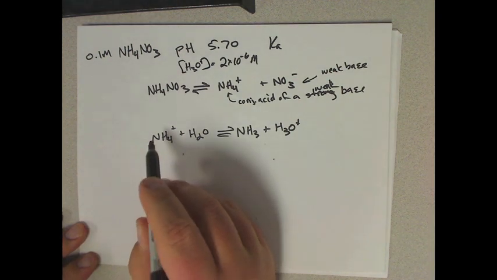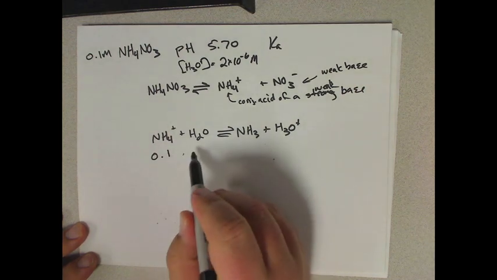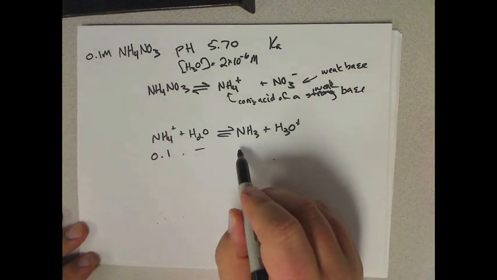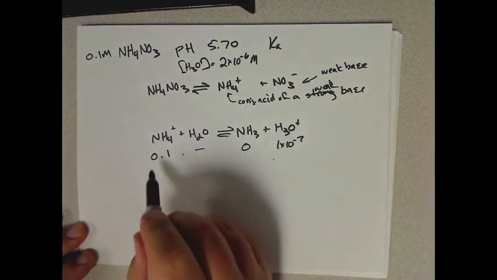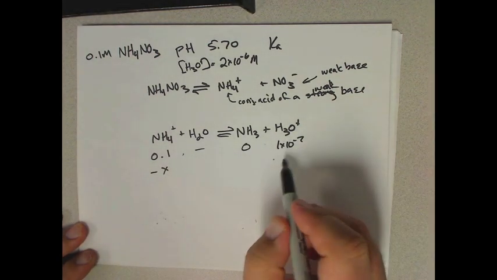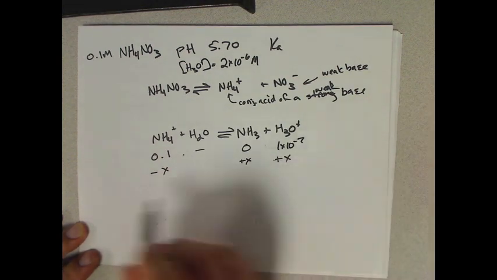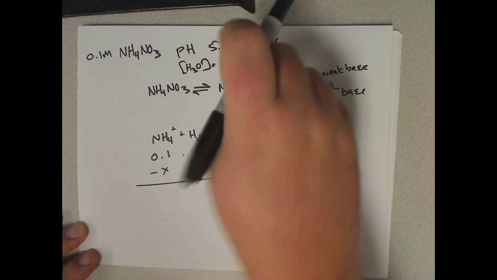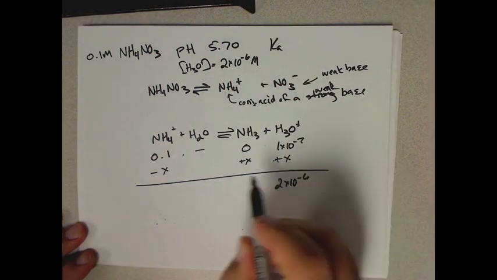Let's say we start with 0.1 molar, 0 for the products, and 1 times 10 to the minus 7. Then we subtract x, add x, and add x. Now we know that this one is 2 times 10 to the minus 6, because of that.